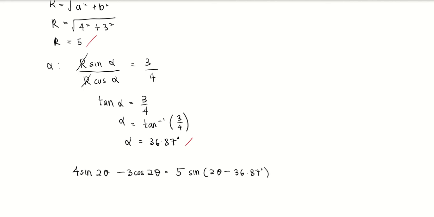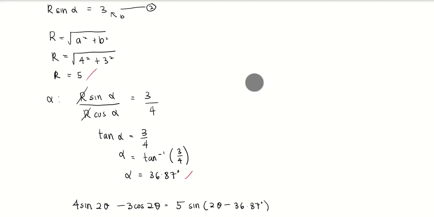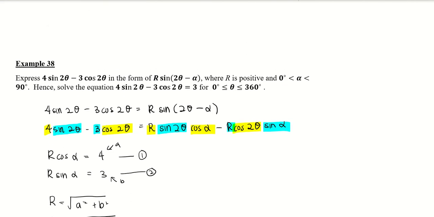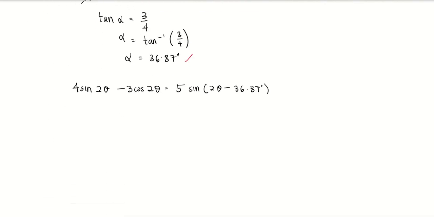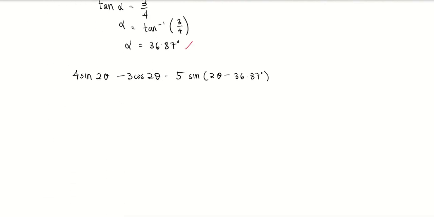Alright, so we finish the first part of the question. Second part of the question: hence solve the equation 4 sine 2 theta minus 3 cos 2 theta equals 3.